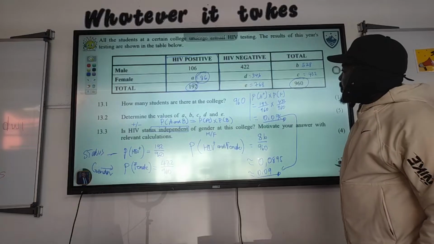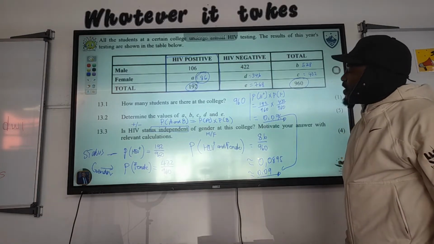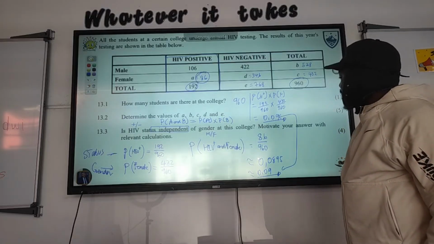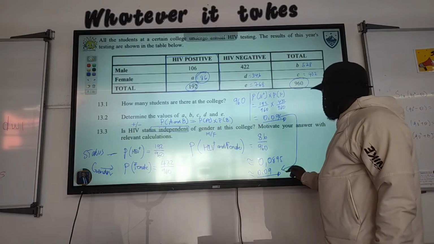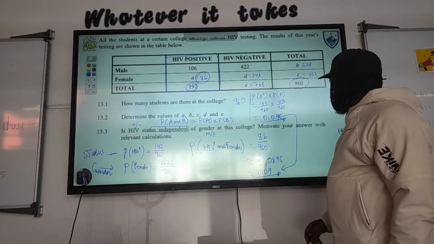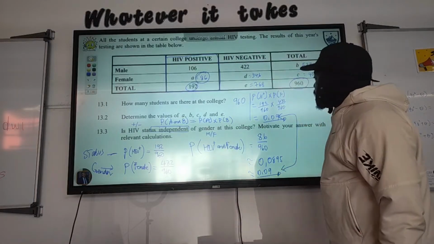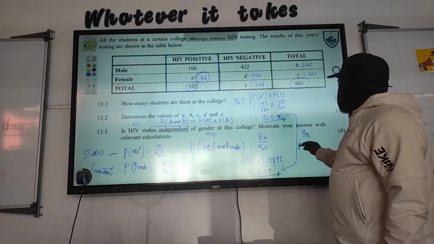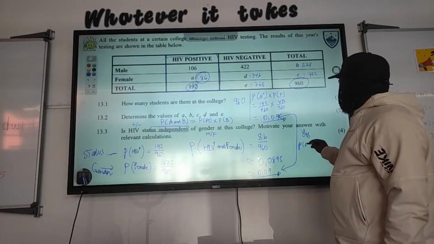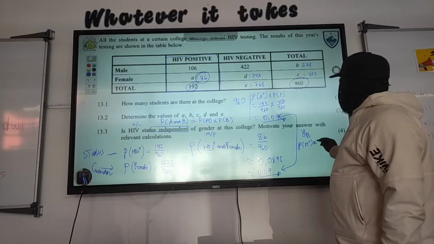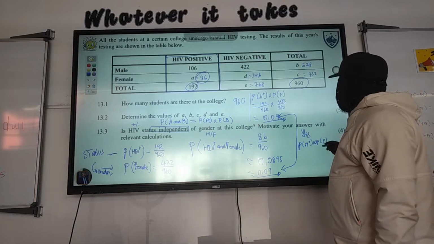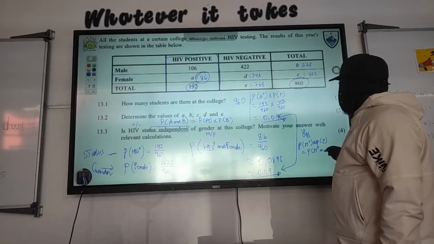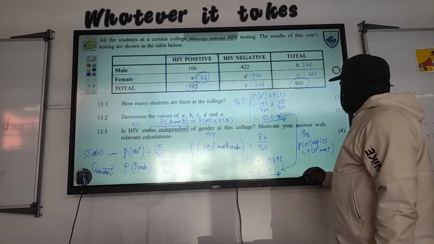So it means that HIV status and gender at this college are independent. These are our calculations. Because P(HIV positive) multiplied by P(female) is equal to P(HIV positive and female).